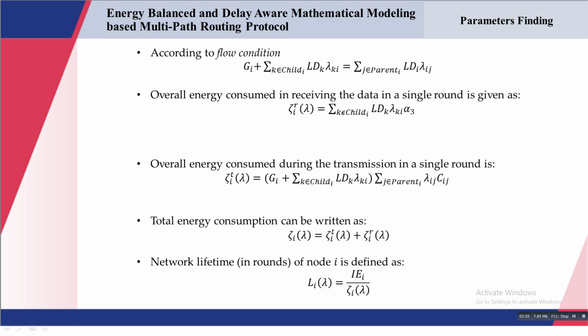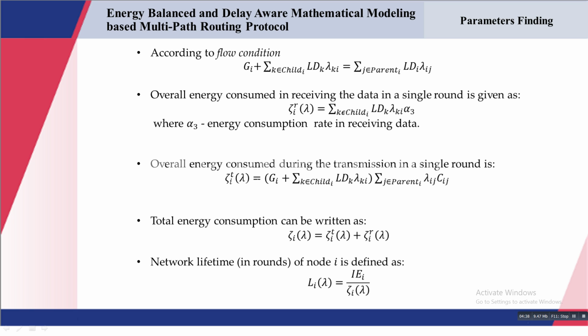The right hand side is ldk multiplied by lambda of ki, which gives us the amount of data that the ith node is receiving from the kth node, and alpha 3 is representing the energy consumption rate in receiving the data. The summation over all the kth child nodes of this ith node gives us the energy consumption in receiving the data by this particular ith node.